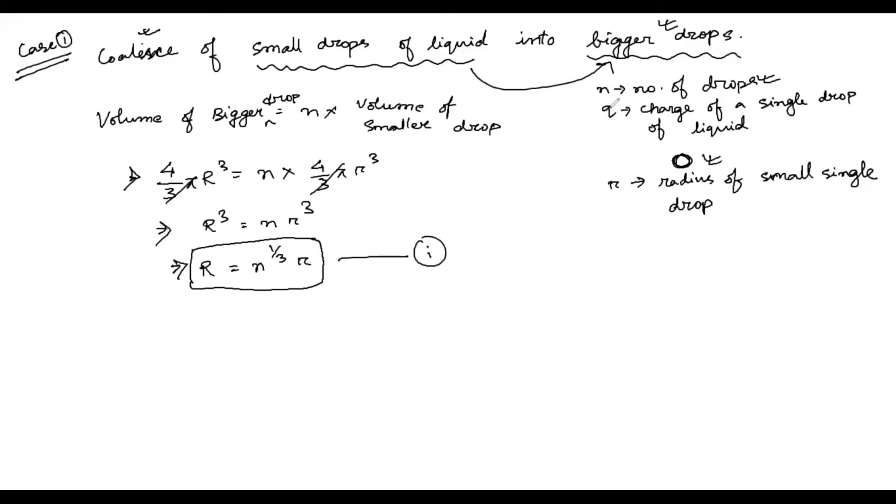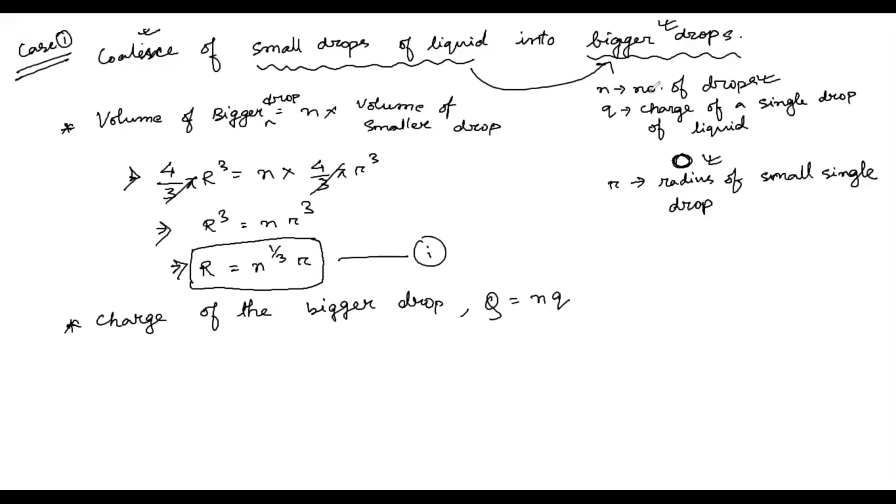Now, since the single small drop is having a charge q, so the charge of the bigger drop, let's say it is capital Q, will be nothing but n times the charge of the small q.